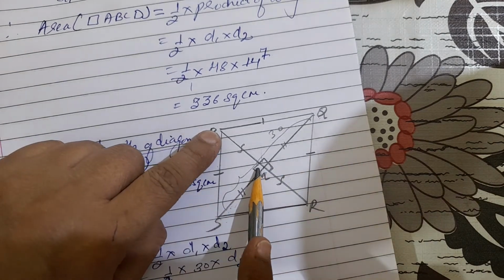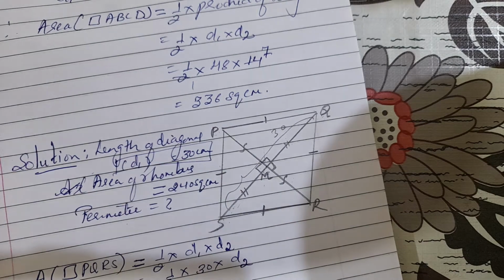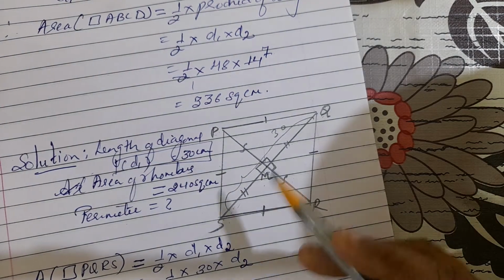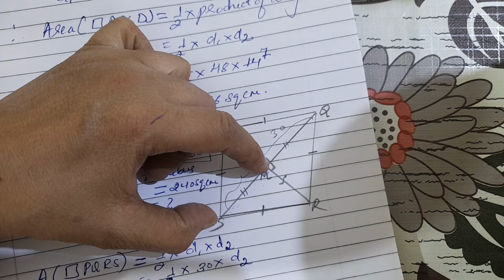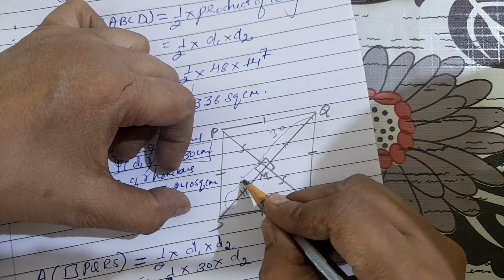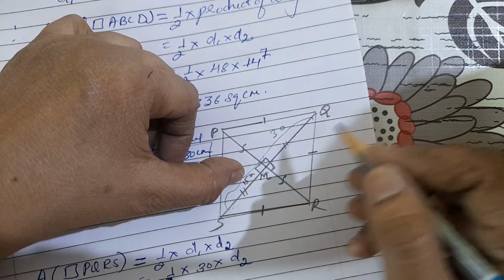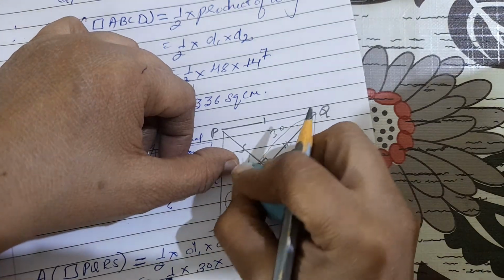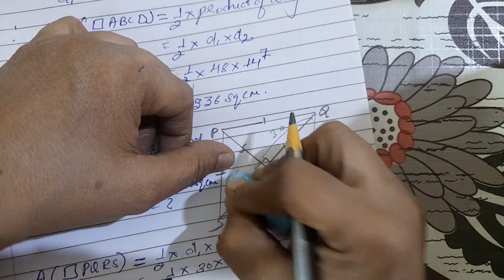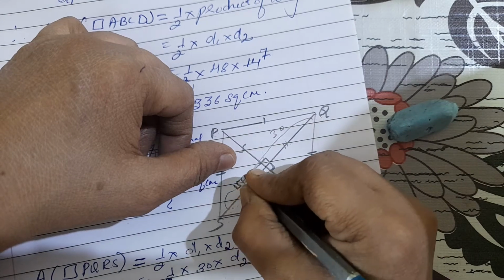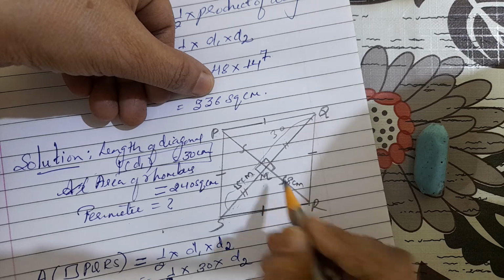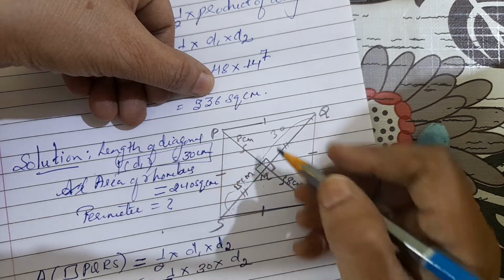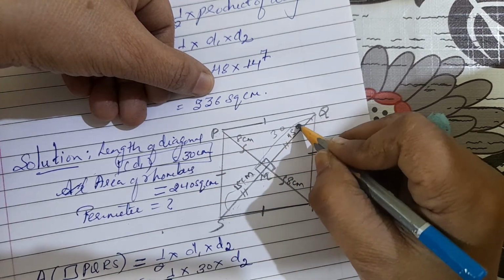Similarly this will be 8 and this will be 8 because full is 16 centimeter. So if I take this triangle, this is my 15 centimeter, and this MR is how much? 8 centimeter, this is also 8 centimeter.